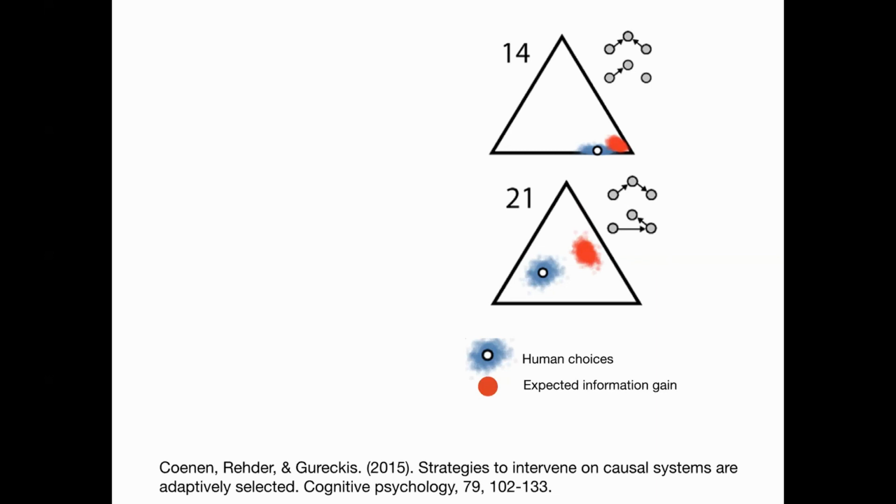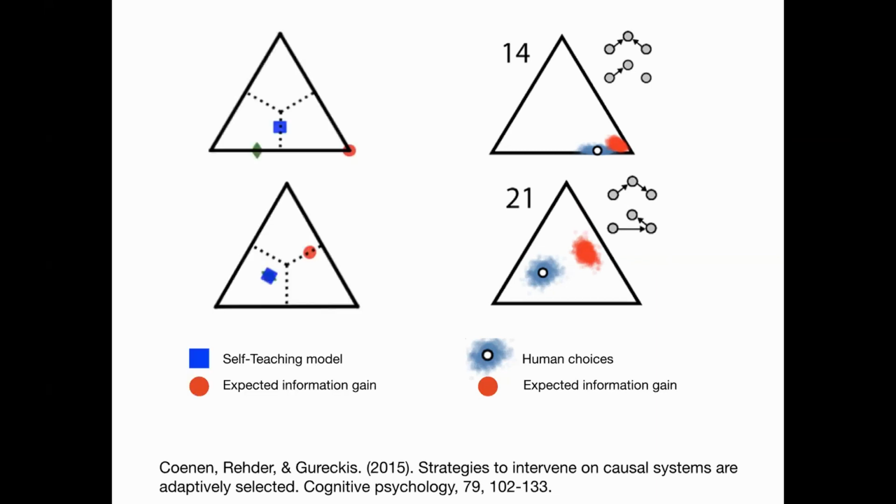What does the self-teaching model predict? The plots on the left show the prediction of the self-teaching model, which are the blue squares, along with that of the expected information gain model and another model. As we can see, for problem 14, the self-teaching model is not a great model of human behavior, but for problem 21, it captures humans' choices very well.